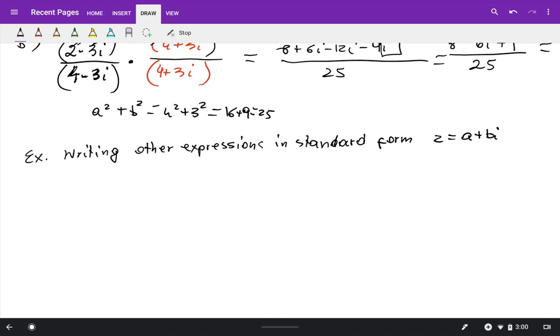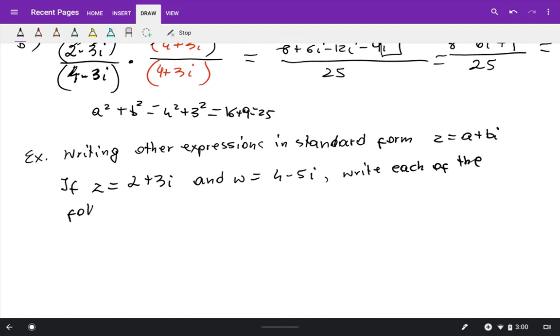Okay, so here we have, if z is equal to 2 plus 3i and w is equal to 4 minus 5i, write each of the following in standard form.